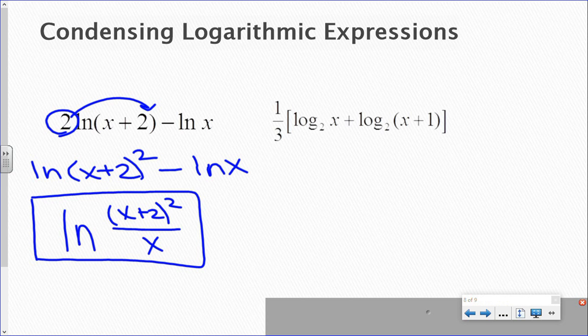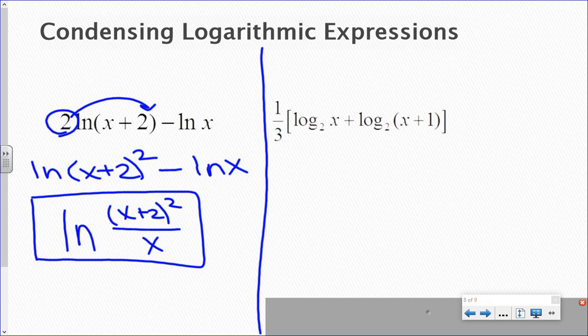Last example, and then I'll be done talking to you for a little bit. Do not forget your order of operations.